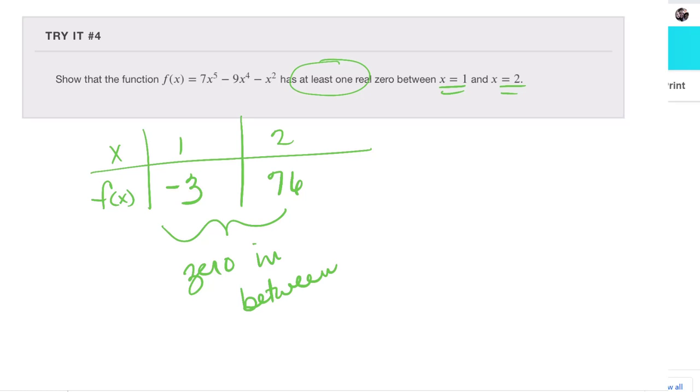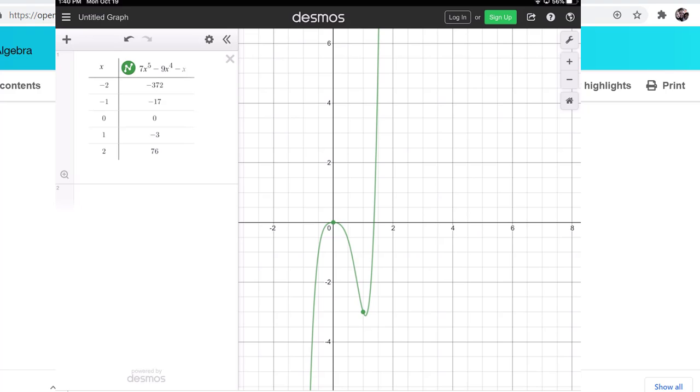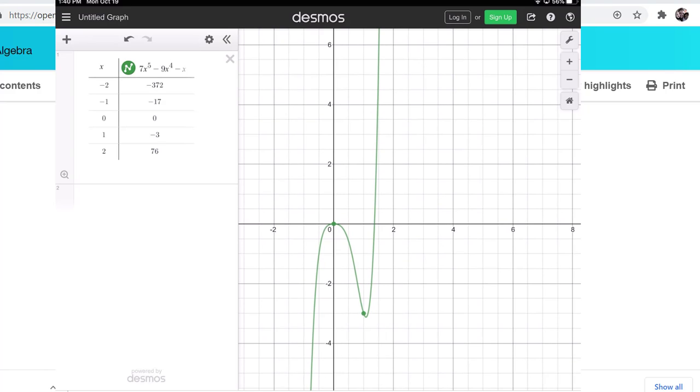And again, you can always go back to Desmos and check and see that between 1 and 2, there is a 0 right there.